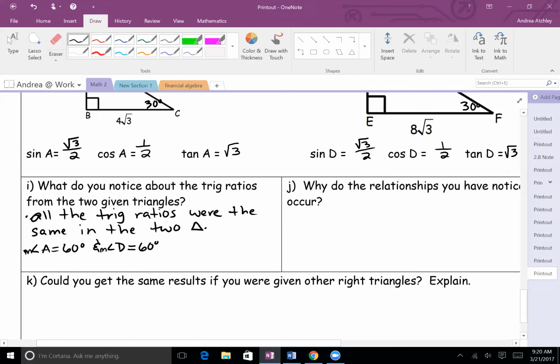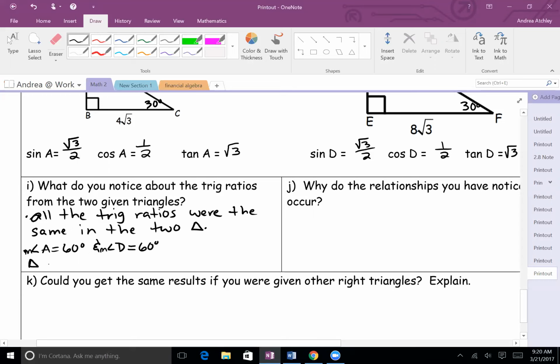Okay, so you're looking for the ratios for the same angle, Kyle. Anything else we noticed? Yep. Triangle DEF is twice as big as ABC. Very good.